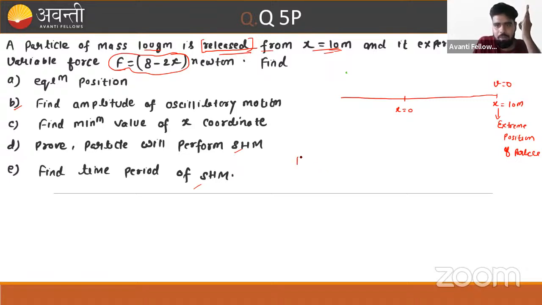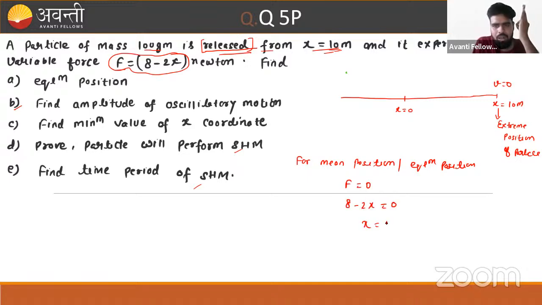So for mean position, whose other name is the equilibrium position, what do we have to do here, beta? We just equate our force equation equal to 0. Once we equate 8 minus 2x equal to 0, we get x equal to 4 meter. This is the point where the net force on the particle is 0.